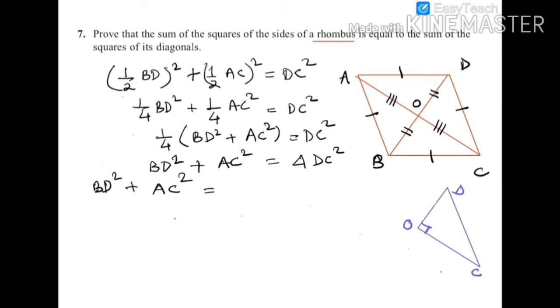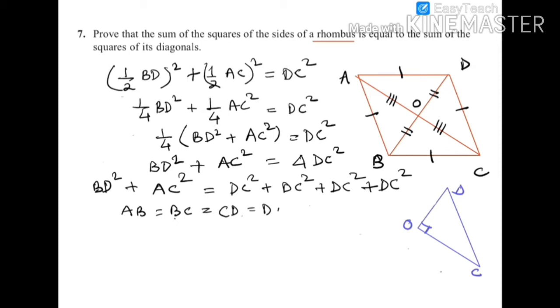I am going to split and write 4 DC square as DC square plus DC square plus DC square plus DC square. And since ABCD is a rhombus, we know that AB equal to BC equal to CD equal to DA. So now what we can do is replace the first term here with AB, replace the second term with BC, the third term we will leave as it is, and the fourth term we will replace with AD because all of them are equal.